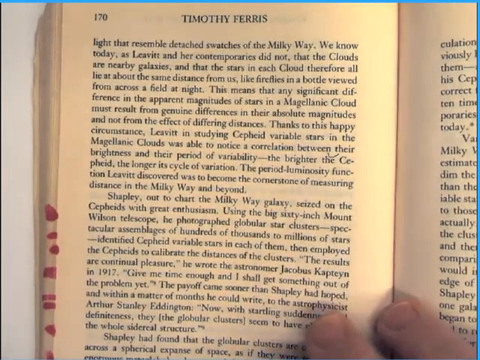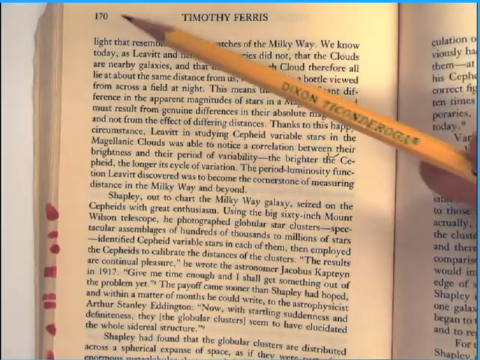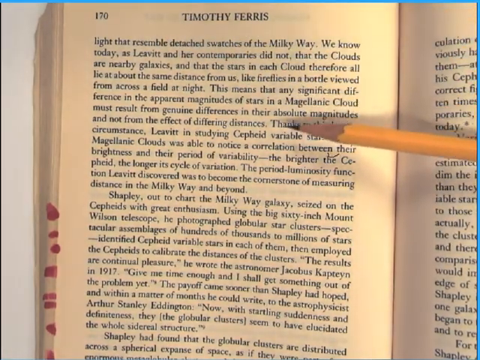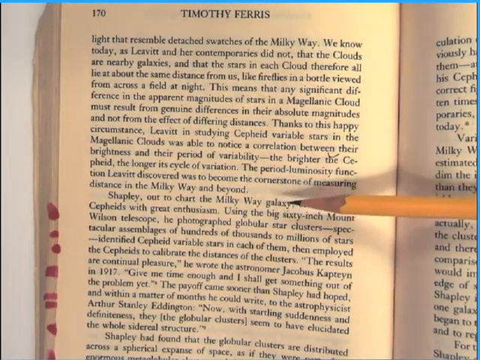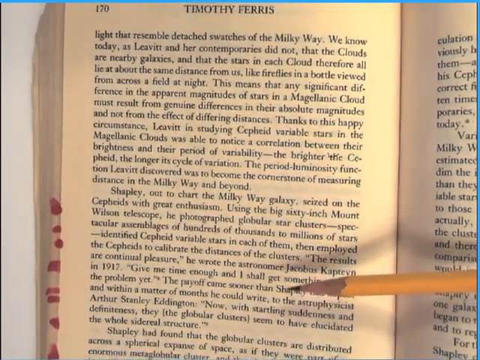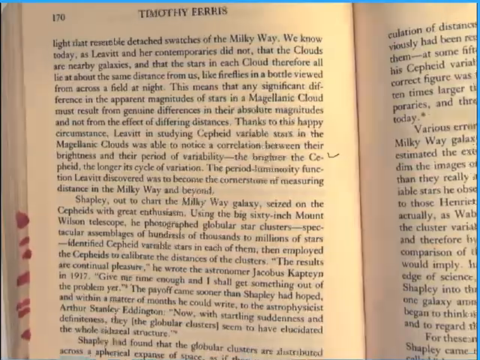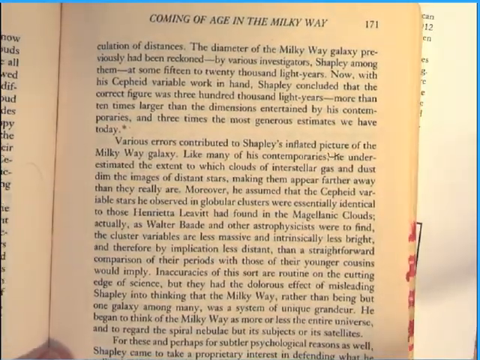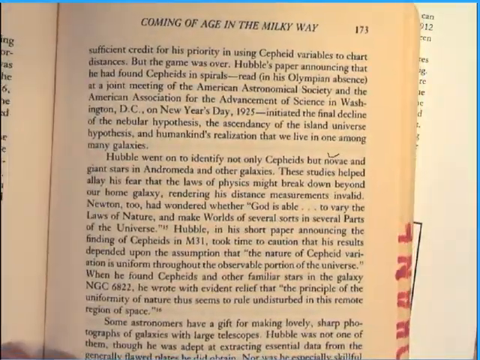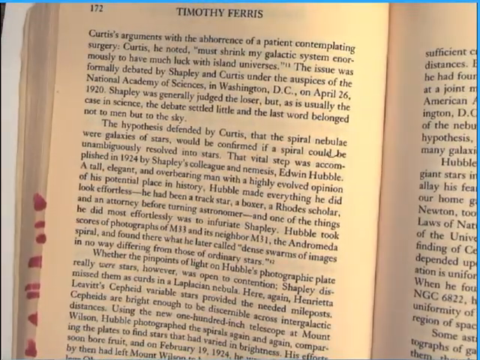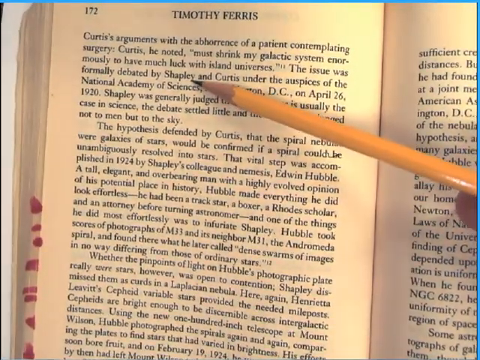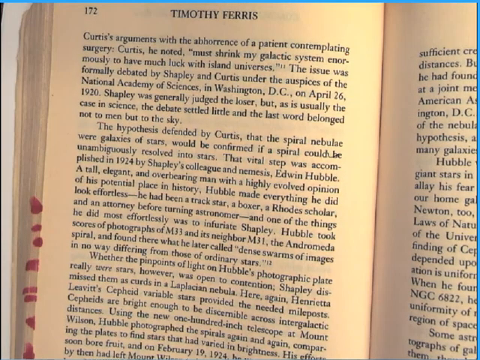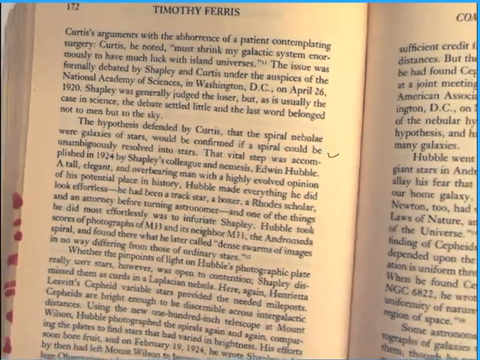Then if you read on page 170 of Coming of Age of the Milky Way, it will continue this discussion of her and how it connects to Shapley and his globular clusters. And eventually, if you follow along, you will get to a description of what's called the Shapley-Curtis debate, where Shapley and Curtis disagreed on what the spiral nebulae were.